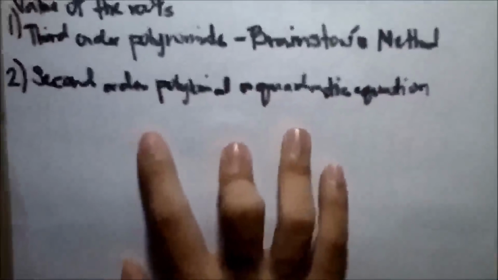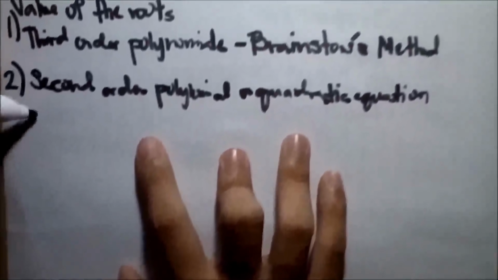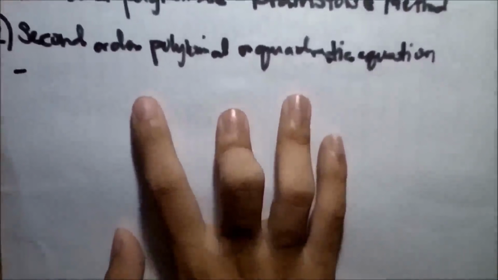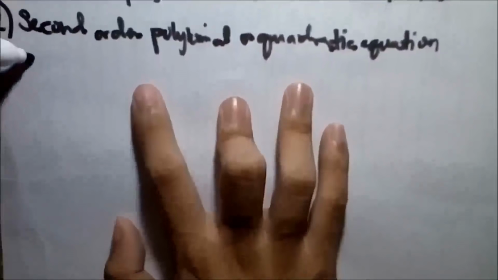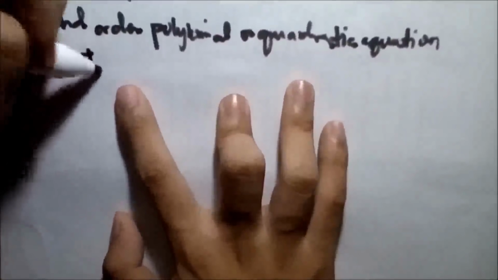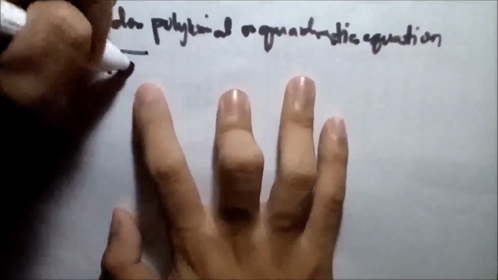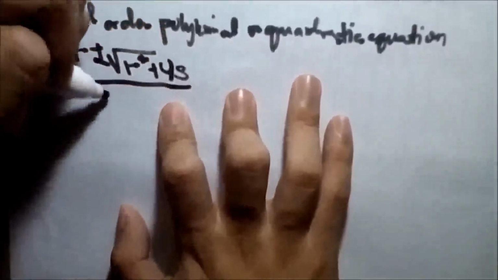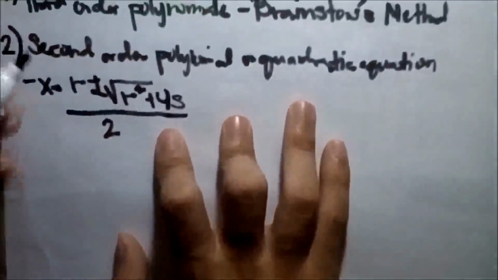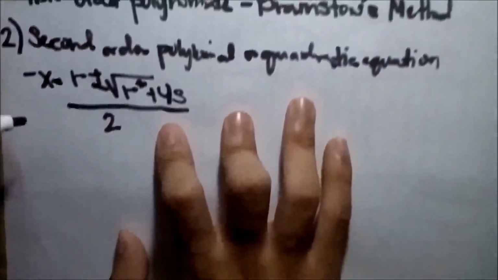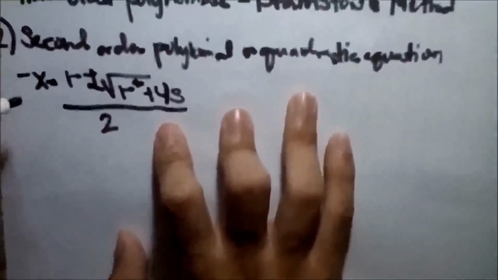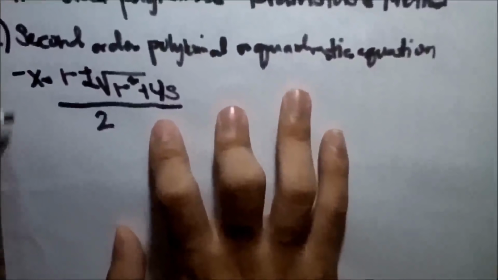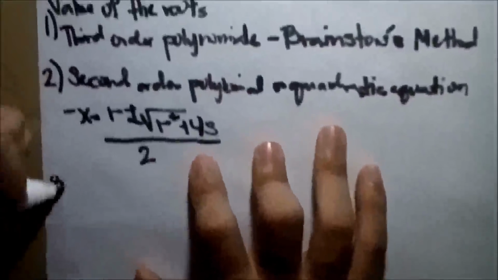So the remaining two roots must be solved using this formula. x equals r plus or minus the square root of r squared plus 4s, over 2. With this we can get the remaining two roots in order to complete the answer.